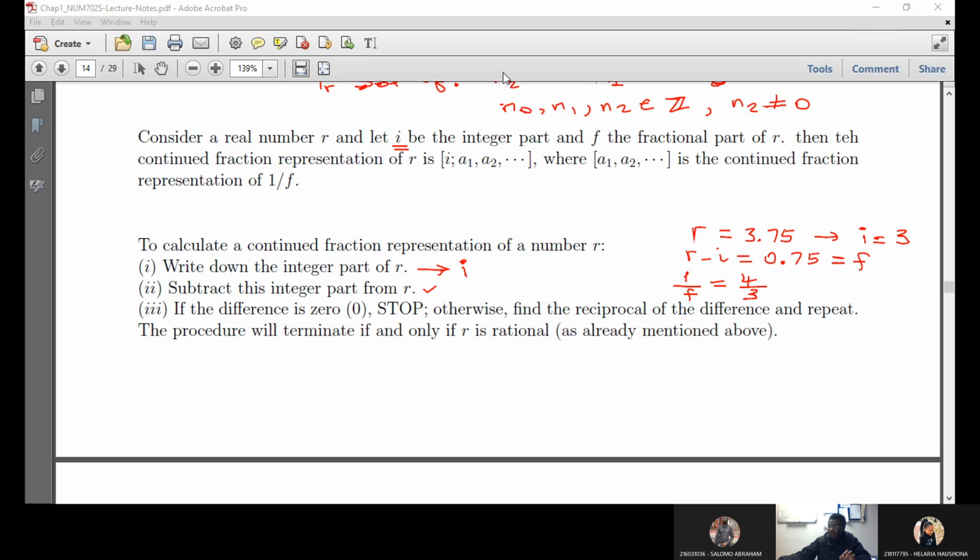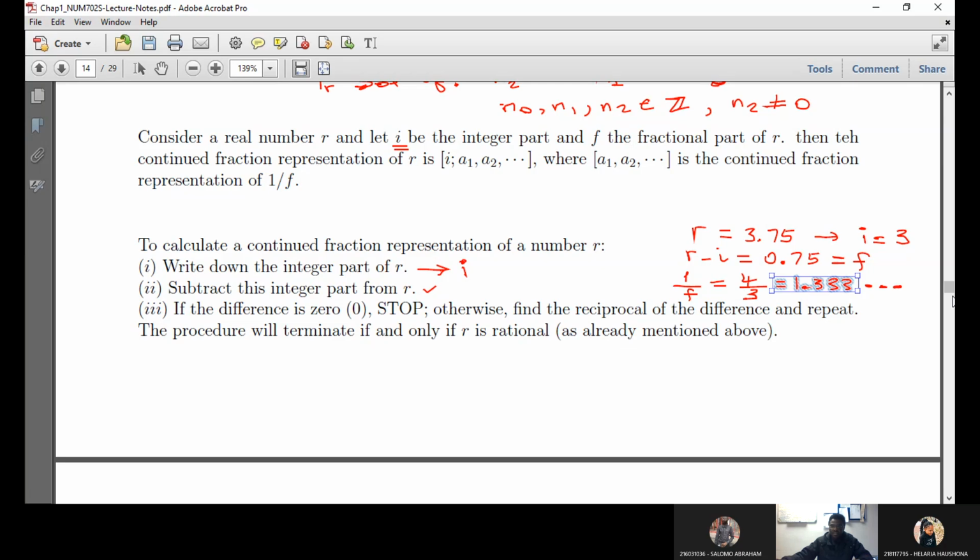What is this equal to? 1 point, and it repeats, right? It will repeat. Okay, let me put an ellipsis to say 1.333333.